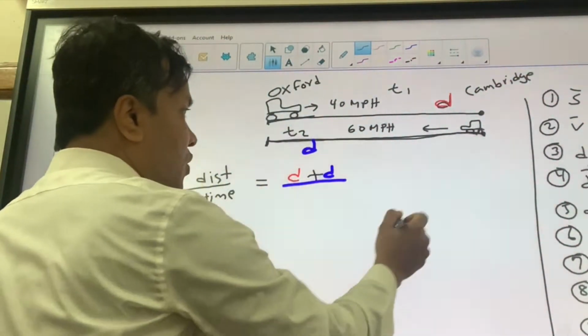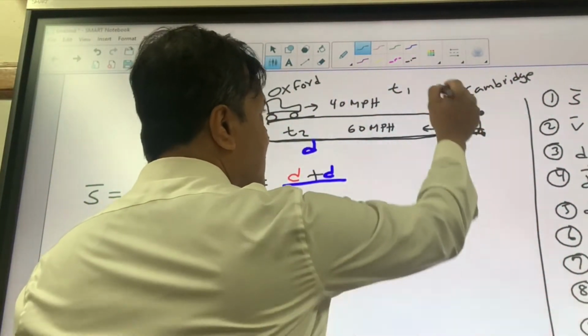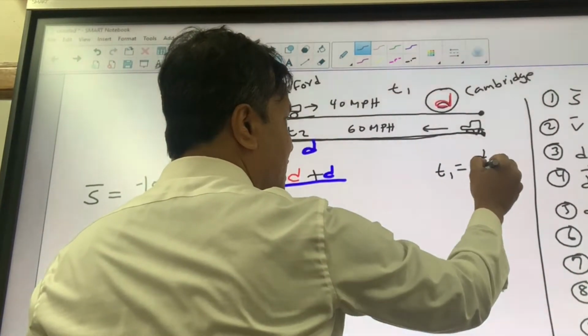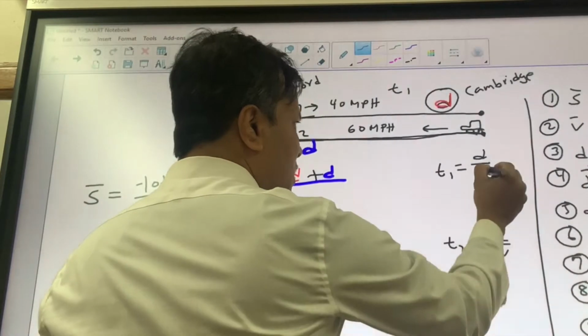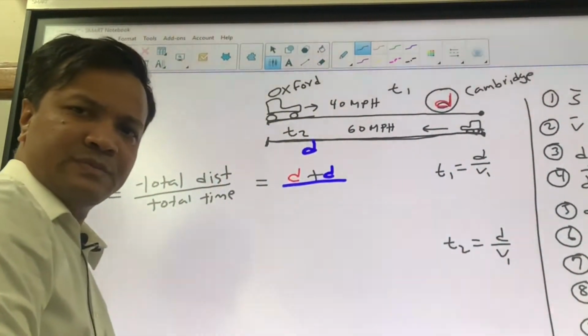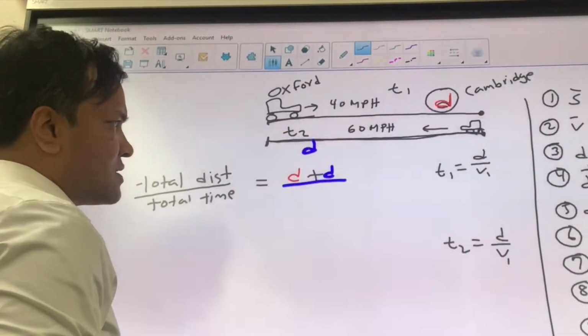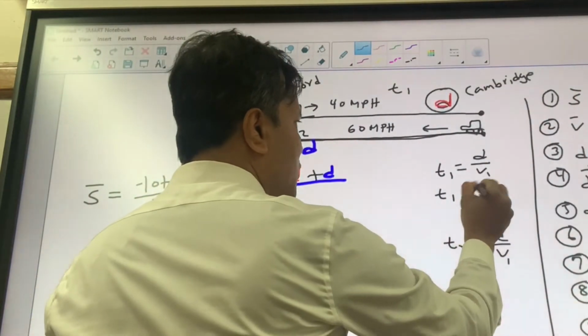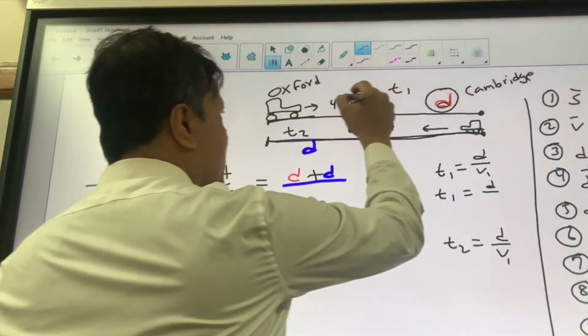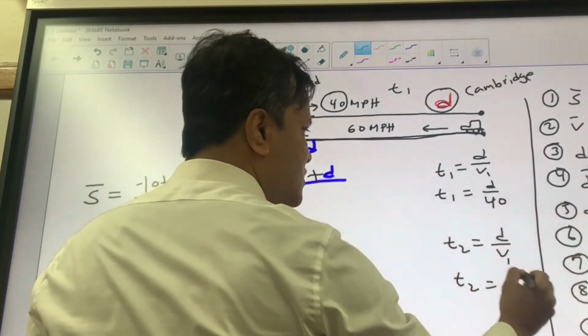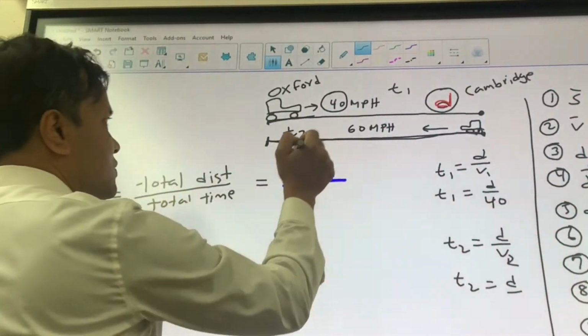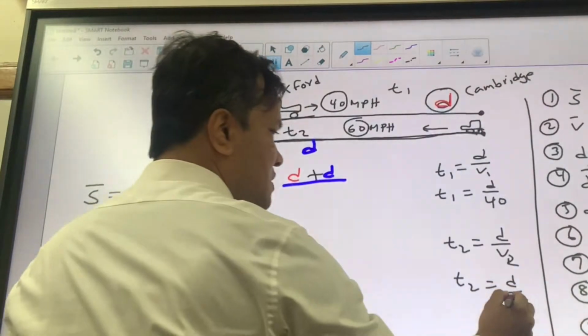So t1 would be d over velocity 1, and t2 would be d over velocity 2, where velocity 1 is 40 and velocity 2 is 60.